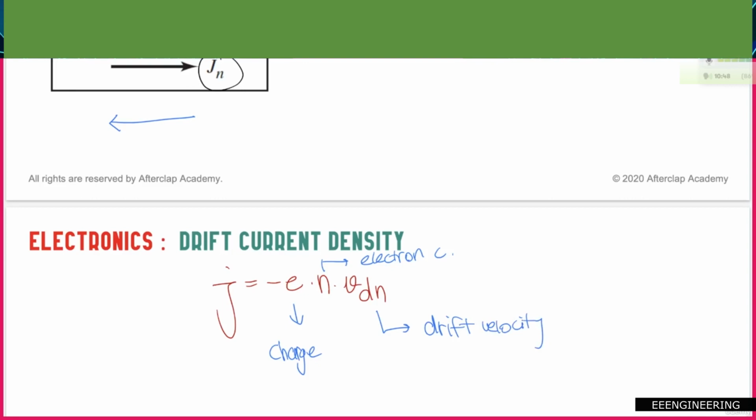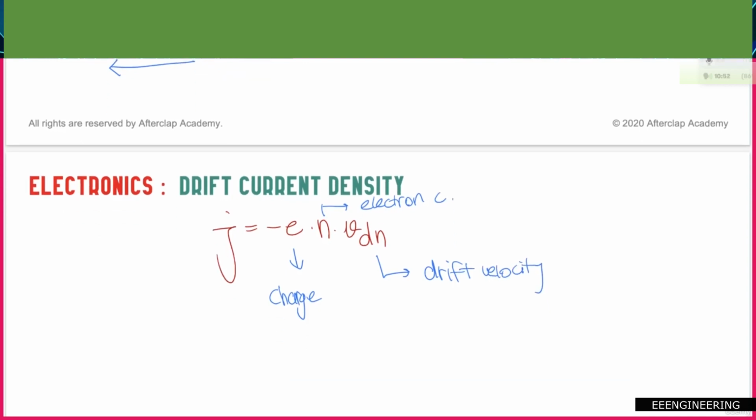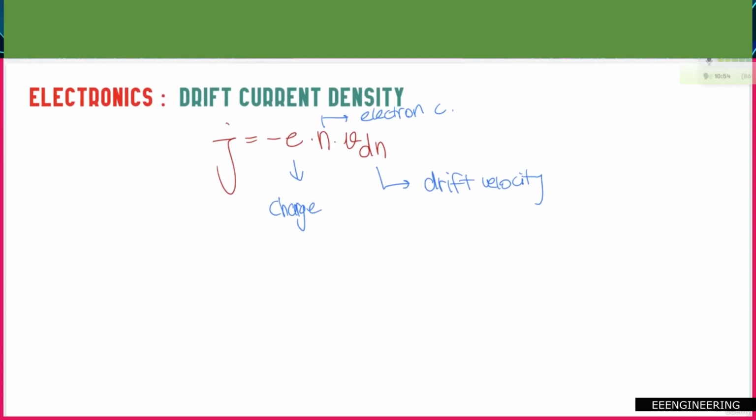So this equation can be rearranged a little bit. How so? Since we know that drift velocity, let me put that in here, is equal to the electric field times the mobility, and we also have the minus sign in order to make the electric field and drift velocity have opposite directions.